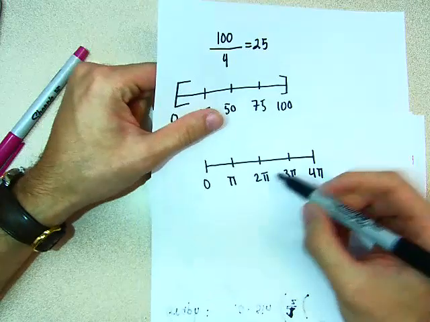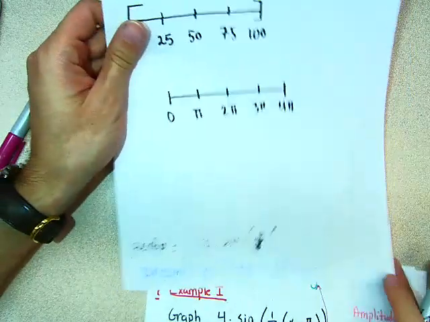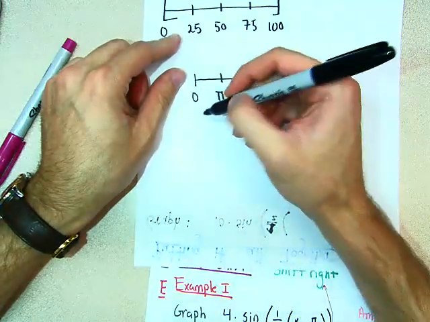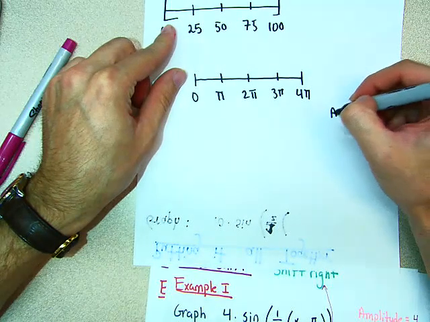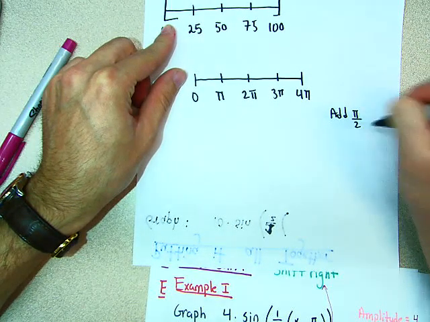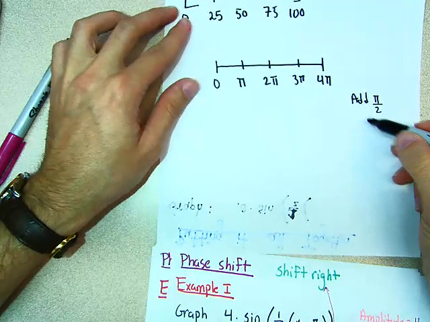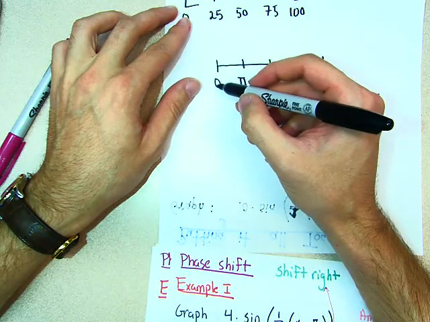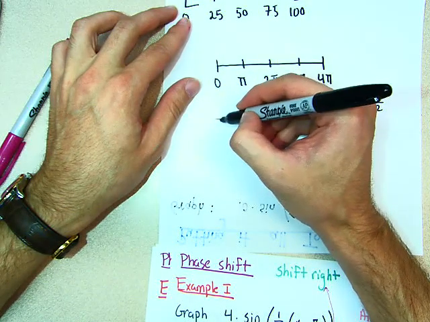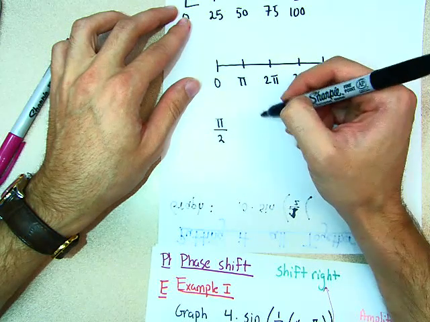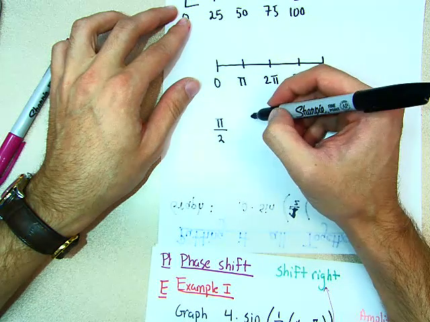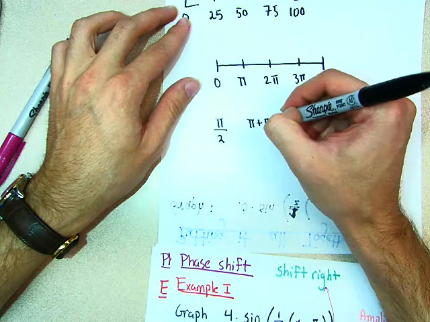What we're going to do is we're going to take every part of the interval and add pi over 2. Okay? If we're going to add pi over 2 to every one, instead of starting at 0, we're going to start at pi over 2. And then this one is going to be pi plus pi over 2.